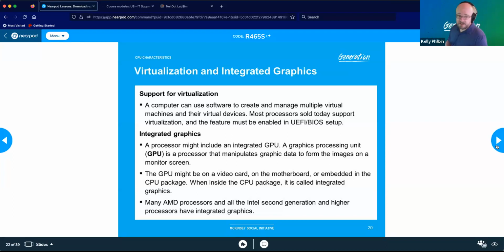We don't have to have one of each type of computer sitting in our office. We can create virtual machines to run exactly the way these machines would. So long as your motherboard supports it, and the UEFI and BIOS you have supports it and it's been turned on, you can create these virtual machines on your computer. In fact, you will highly likely be doing that in this class.